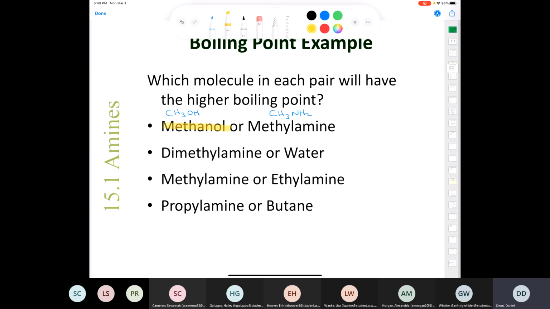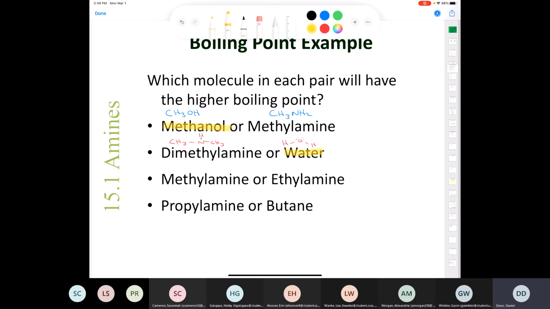Let's go to the next one. It says you compare dimethylamine or water. So dimethylamine is this, CH3NHCH3, and then H2O, everybody knows what water is. Well, water is going to have a much higher boiling point because water has more capabilities for hydrogen bonding, right?